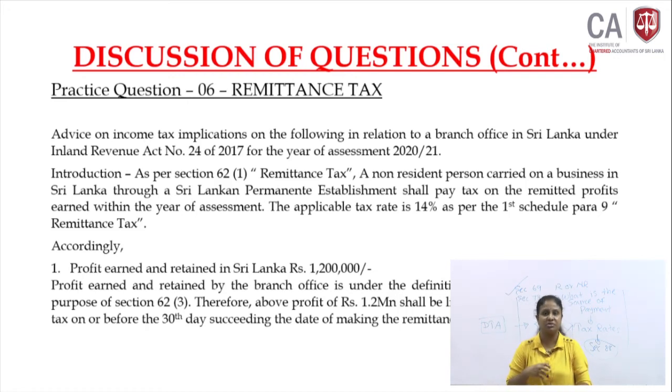Whether it is remitted or not, the profit is applicable to that head office. For that remitted profit, the definition is given under section 62 subsection 3. Accordingly, the applicable tax rate is 14%.